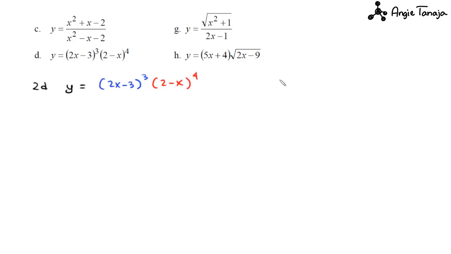So u is 2x minus 3 cubed. But before that, we try to define the u prime by using the chain rule.